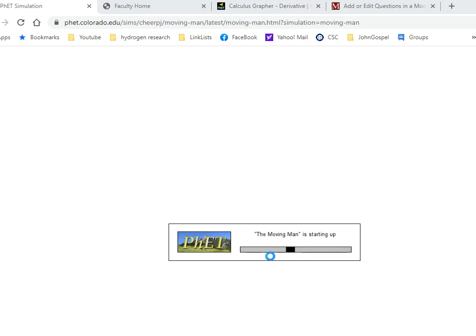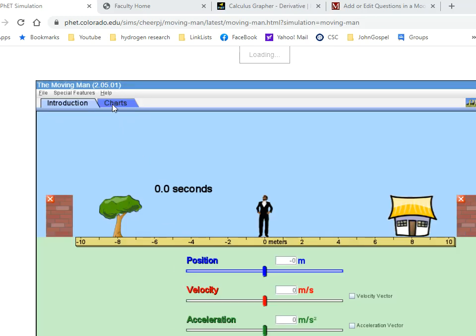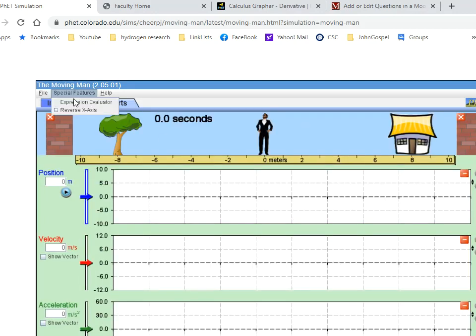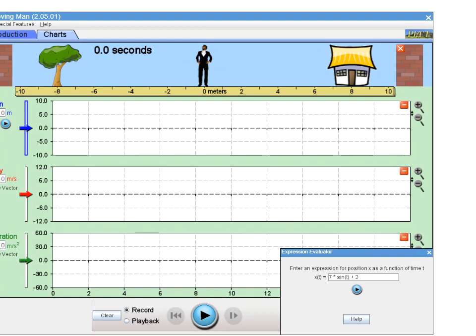Moving Man is starting up. Okay, once you've got everything loaded up, go over to Charts, and then click on Special Features and Expression Evaluator, and this thing comes up. This is the problem, it's kind of buggy.